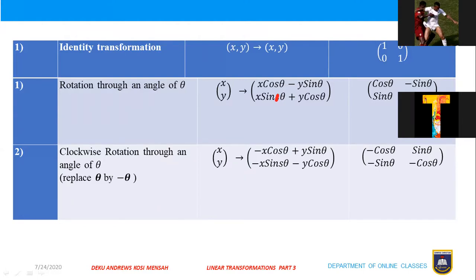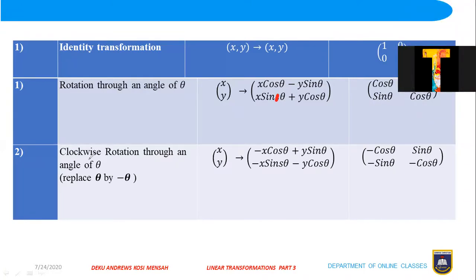Then if you negate cos theta, it gives you negative cos theta. Take note of these types of transformations.